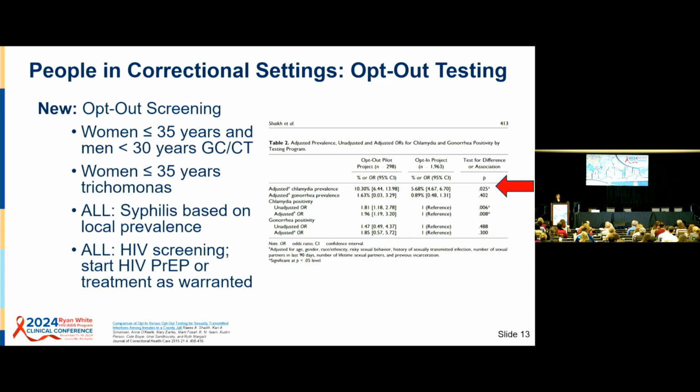So having active, uncontrolled HIV and having an STI, we know, is associated with an increased risk of transmission of HIV. And so it's really, really important that we test folks, and we also give appropriate treatment in these settings also, because it impacts the transmission of HIV.